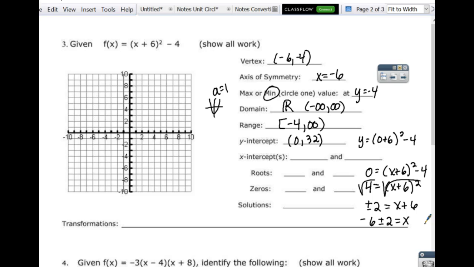Hopefully when you solve for x, it looks something like how I solved for x. So negative 6 plus 2 gives me negative 4, and negative 6 minus 2 gives me negative 8.